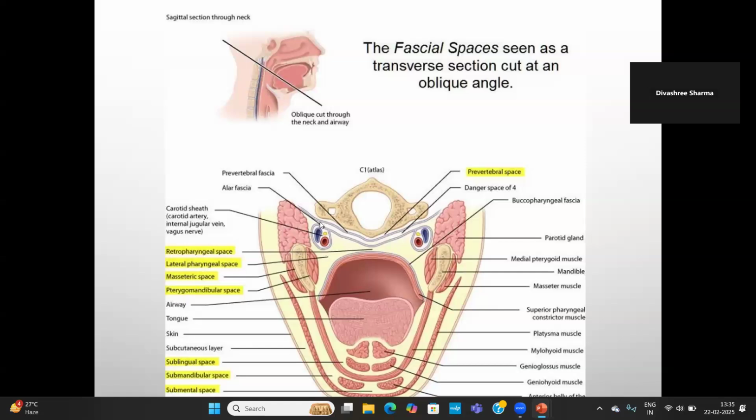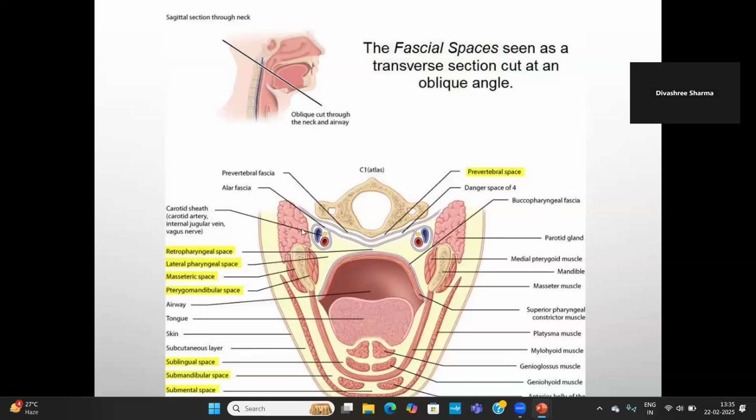Now, this is the prevertebral fascia. This is the alar fascia. And the space between the prevertebral fascia and the alar fascia is the danger space, as depicted here.